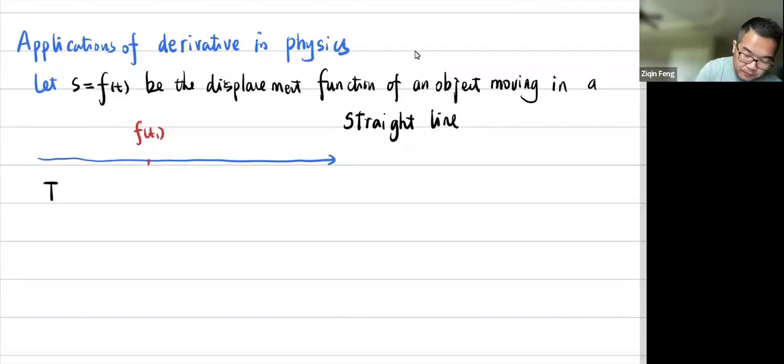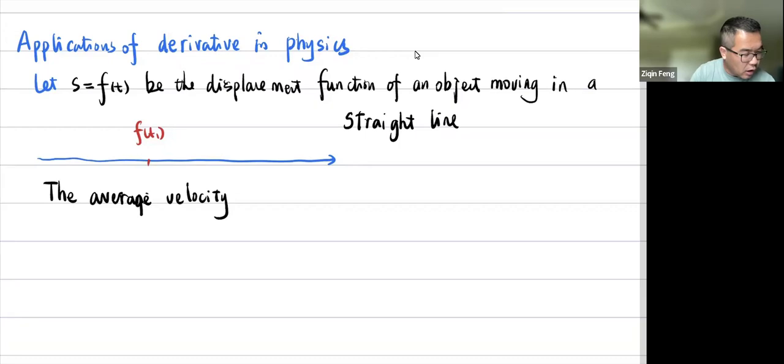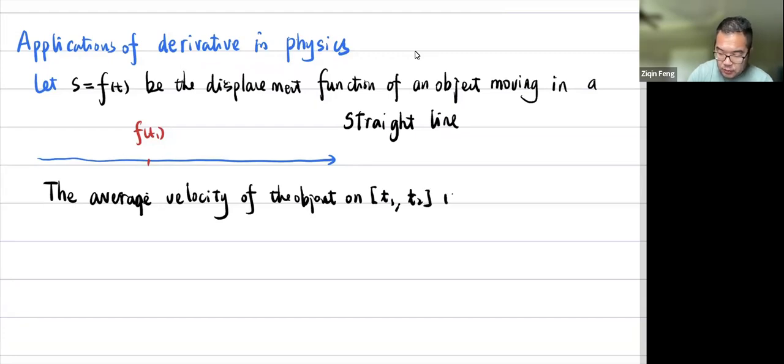Then the average velocity of the object on the interval t1, t2 is the difference of the displacement over the difference of time.